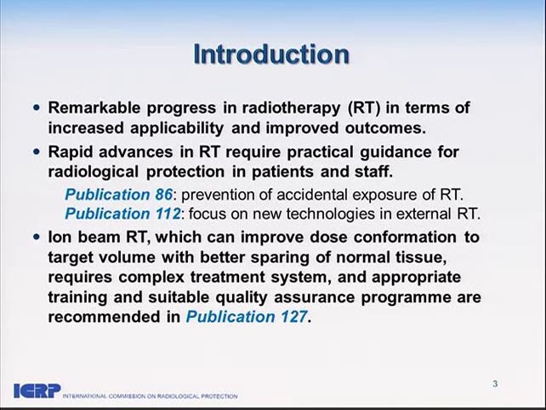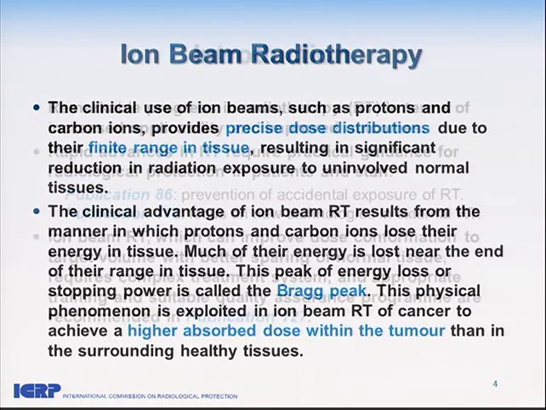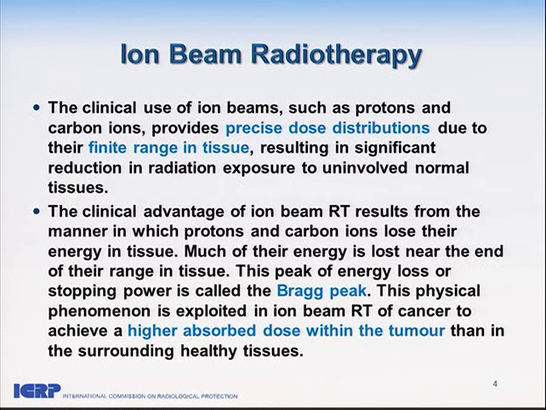These are summarized in the recently published Publication 127. My talk would be, in principle, the summary of this one, but focusing on practical guidance for the people who are involved in this new technology.